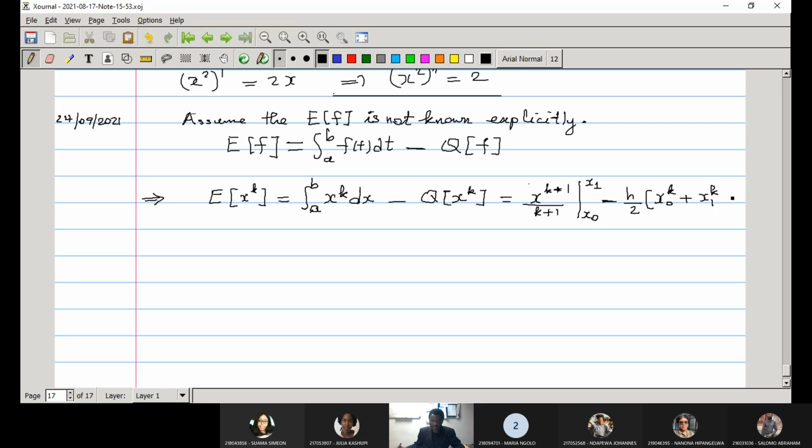x1 to the k. So this is what e k gives us. Now, we need to prove for k equal to 0 and k equal to 1. So for k equal to 0, e x0, which is e1, will be equal to what?